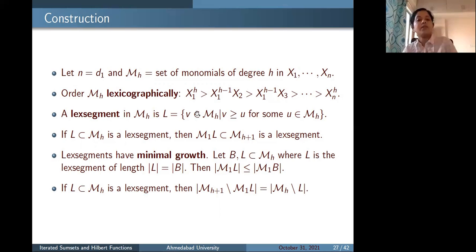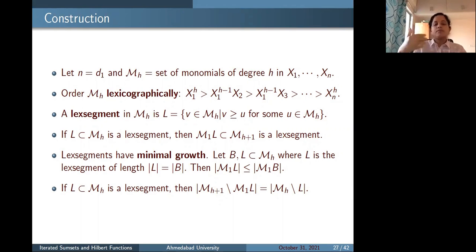Here I'm giving a lexicographical order to these variables. First of all, for degree 1, I'm fixing it to be x_1 greater than x_2 greater than x_3, in this way up to x_n. So the order in M_h would be like x_1^h greater than x_1^(h-1) x_2, in this way up to x_n^h.